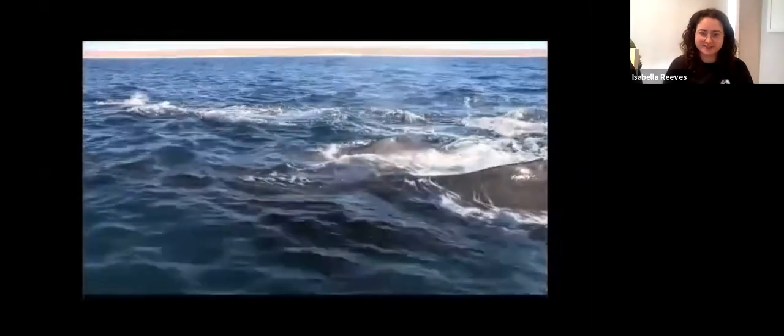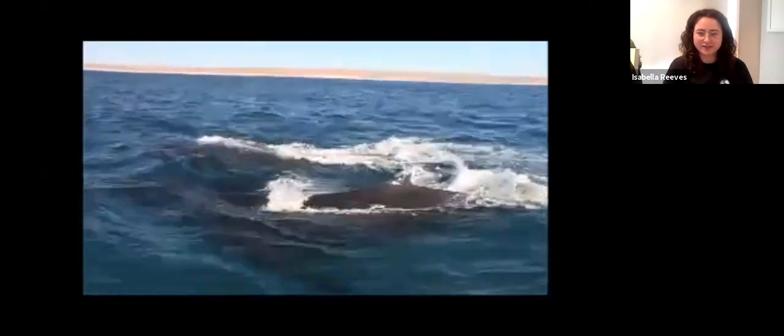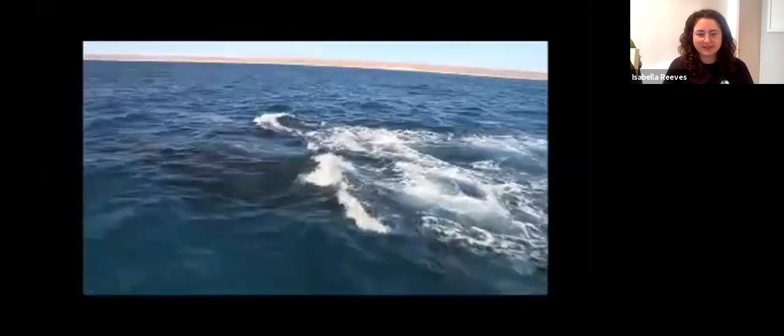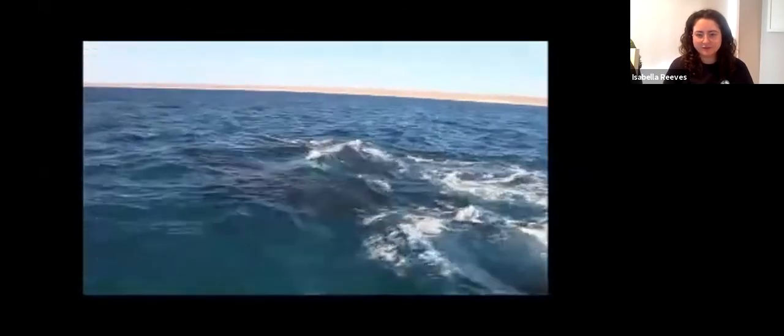So that was Hook's that's just surfaced. She is the main matriarch of the area and is the one that seems to be having the most calves that we know of.